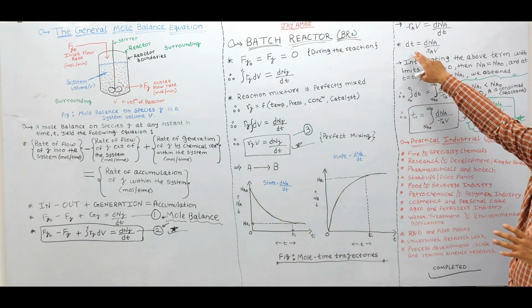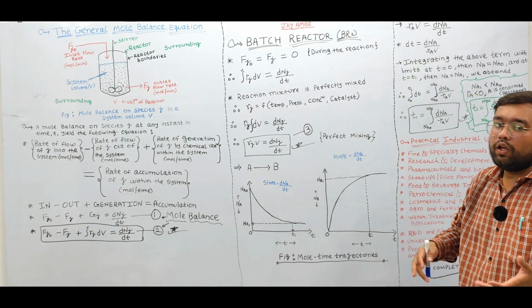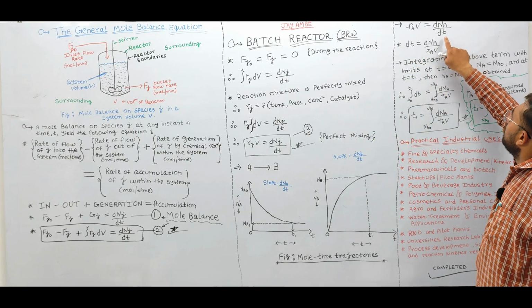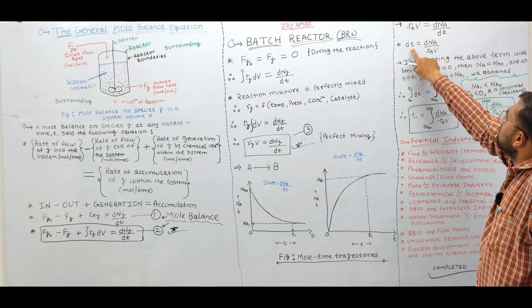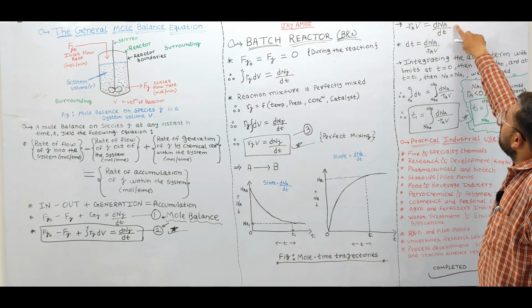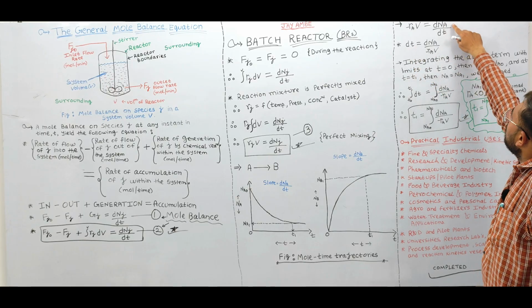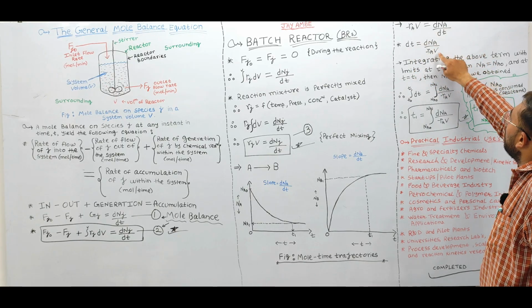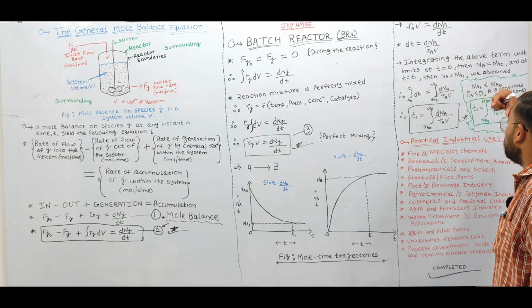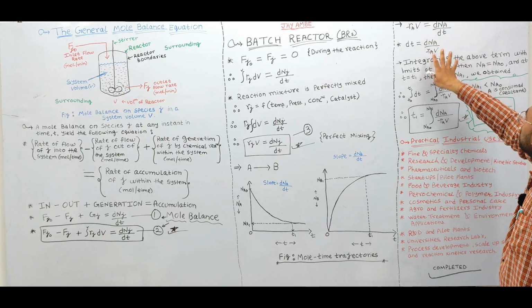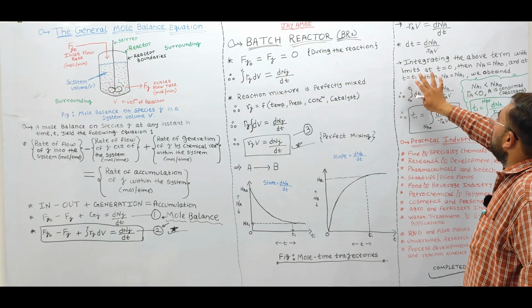In order to calculate the time, we will make dt the subject. We can rearrange the above equation and write dt is equal to dNa by minus Ra into V. So we integrate the above equation and apply the limits.